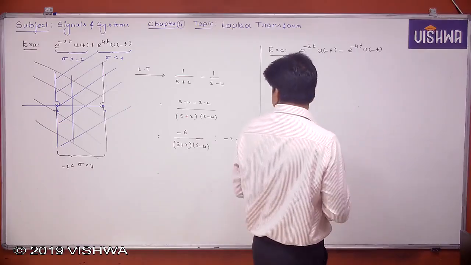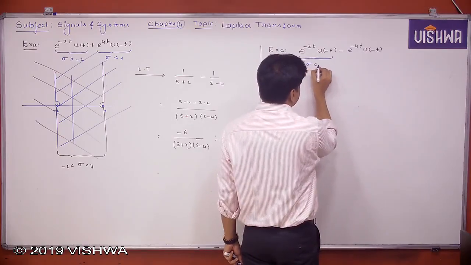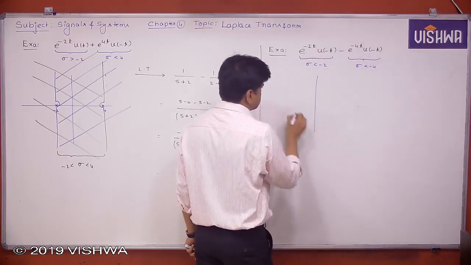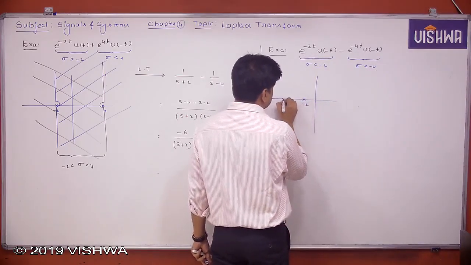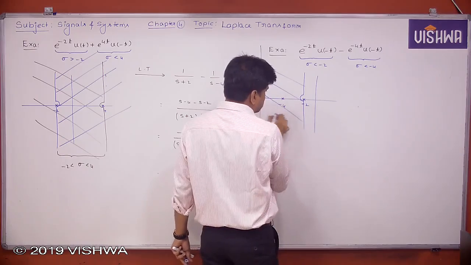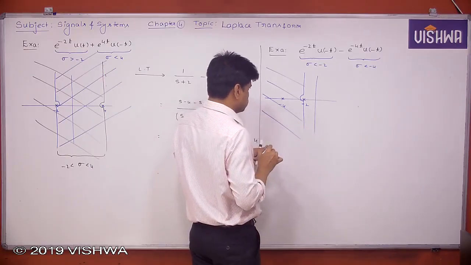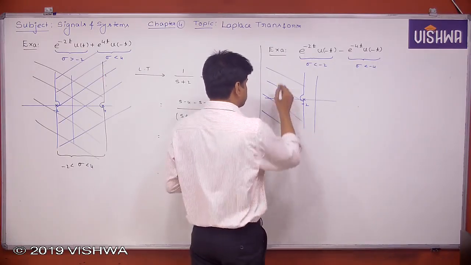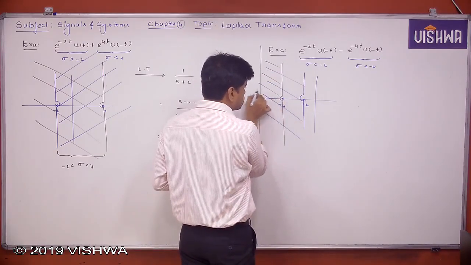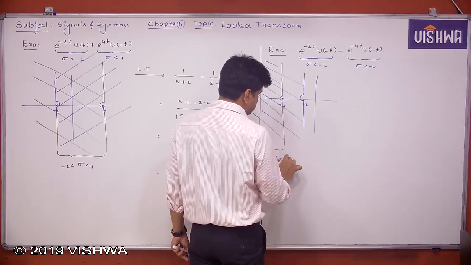Again, for this signal sigma less than minus 2, for this signal sigma less than minus 4. So here the common ROC is sigma less than minus 4.